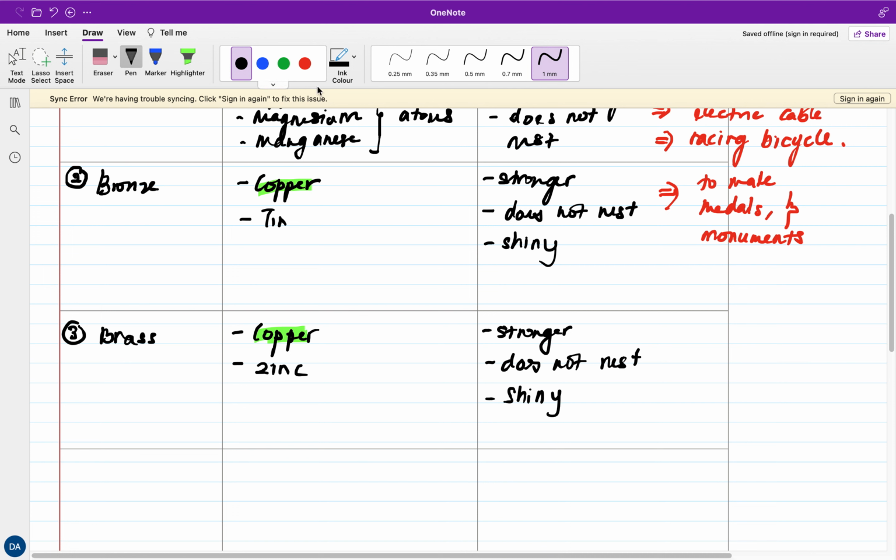The main uses for brass will be to make musical instruments, doorknobs and keys.